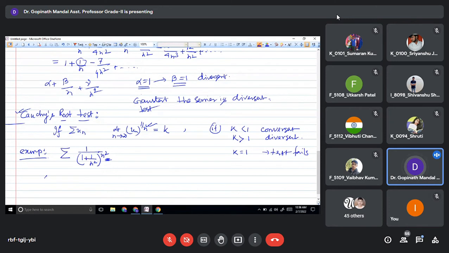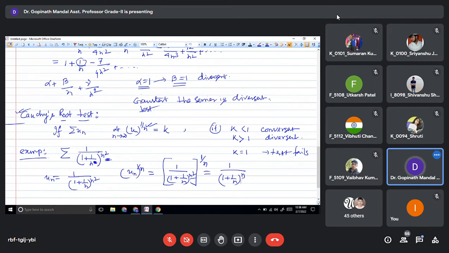So here un is equal to 1 by (1 plus 1 by n) to the power n square. So un to the power 1 by n is (1 plus 1 by n) to the power n square, whole to the power 1 by n, so (1 plus 1 by n) to the power n square into 1 by n, that is n.